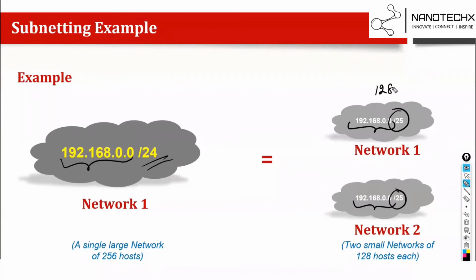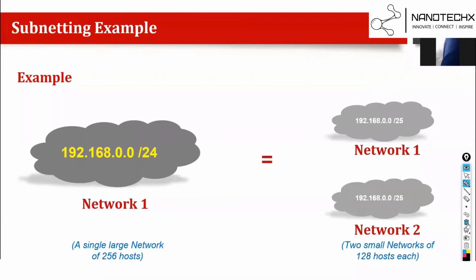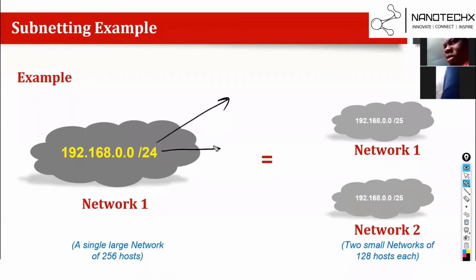Further, if we want to divide this into 4 subnets, we can also do that. So we can say the first one will be 192.168.0.0, sorry, it's a typing mistake, the first one will be /26.